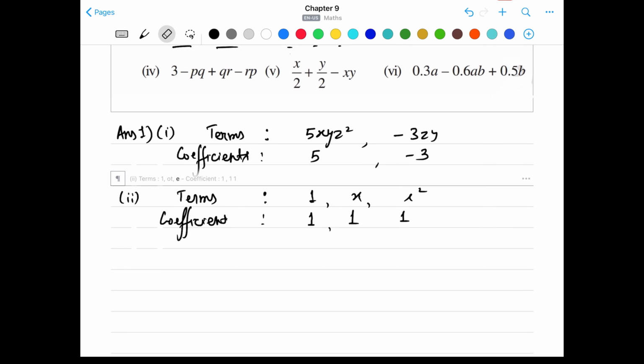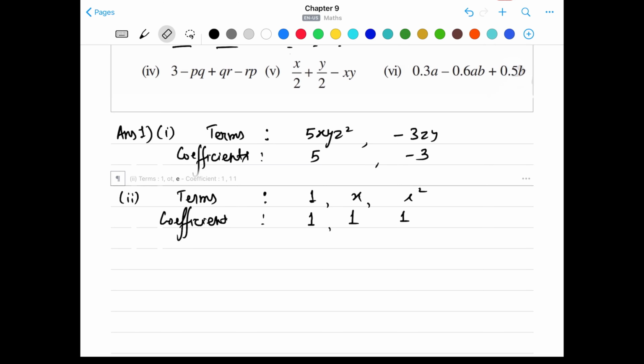Okay, now let's write the answer of expression 5. We have x by 2 plus y by 2 minus xy. Okay, terms here are x by 2, then we have y by 2 and minus xy.